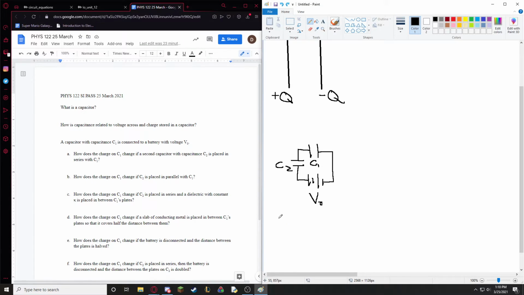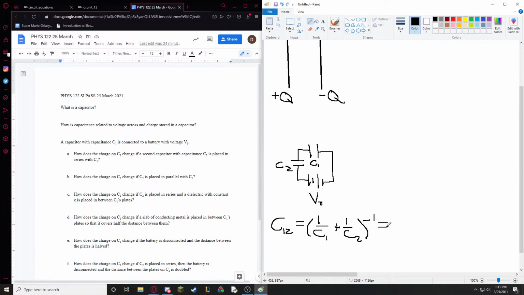It'd be like 1 over C1 plus 1 over C2. Yep. So you're saying it's adding the reciprocals, where 1 over C12 is equal to 1 over C1 plus 1 over C2, and then we have this to the negative 1.